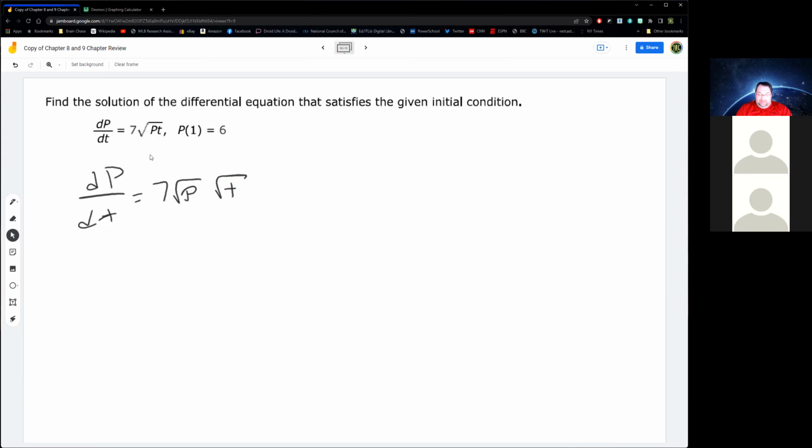So I get dp over 7 square root of p equals the square root of t dt. Or actually, I can leave the 7 over there, it might be easier than having it down the bottom. One less thing I have to worry about with the division.